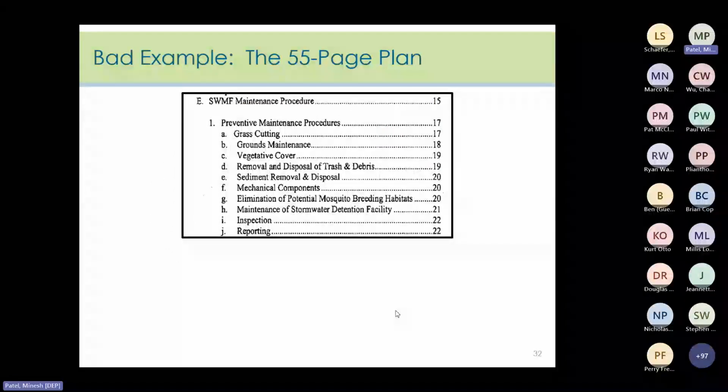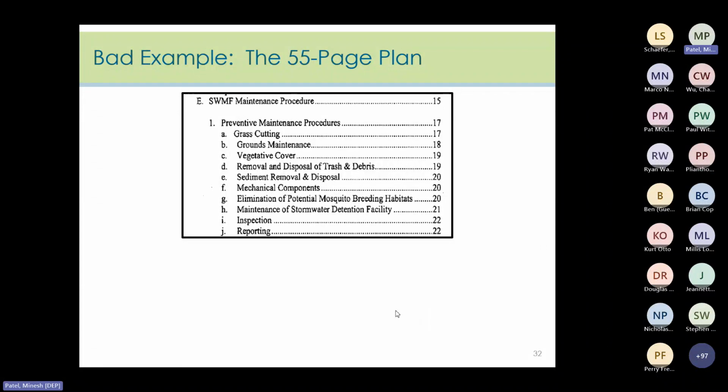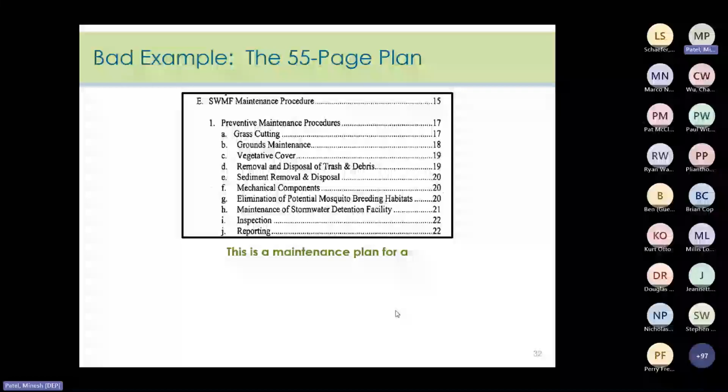Now, imagine you are reviewing a 55-page maintenance plan for a constructed wetland, and you open the table of contents and you see this. Now, you may think, well, they have a 55-page plan, they have preventative procedures, but if you look closely at the headings, you see A for grass cutting, F mechanical components, and H stormwater detention facility.